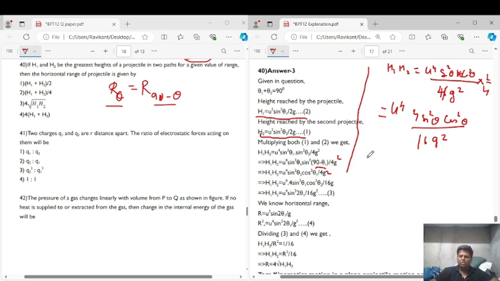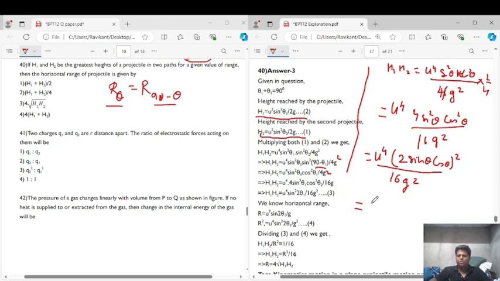So what we can write further is U raised to the power of 4 into 2 sine theta cos theta whole square upon 16G square, right? Why? Because this is 4 sine square theta cos square theta. So 4 can be written as 2 square, sine square theta as sine theta whole square, cos square theta as cos theta whole square. Now this 2 sine theta cos theta can be written as sine 2 theta, it's a trigonometric identity.